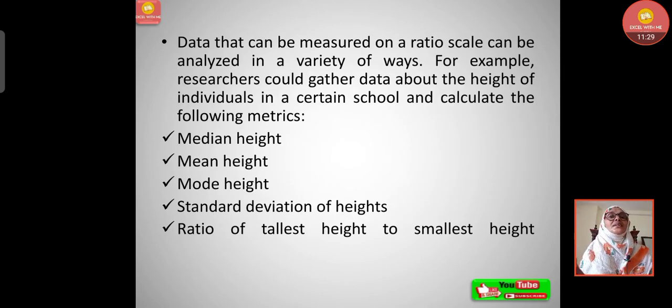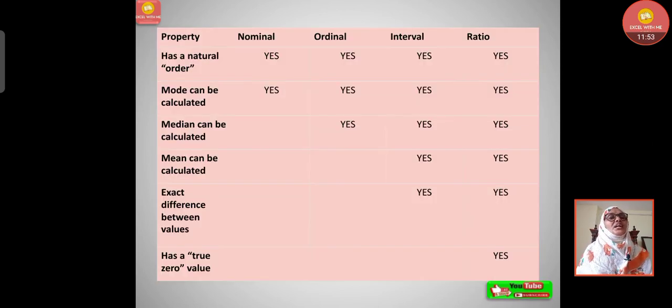Now, data that can be measured on a ratio scale can be analyzed in a variety of ways. For example, a researcher could gather data about the height of individuals in a certain school and calculate the following metrics, that is median height, mean height, mode height, standard deviation of heights, ratio of tallest height to smallest height.